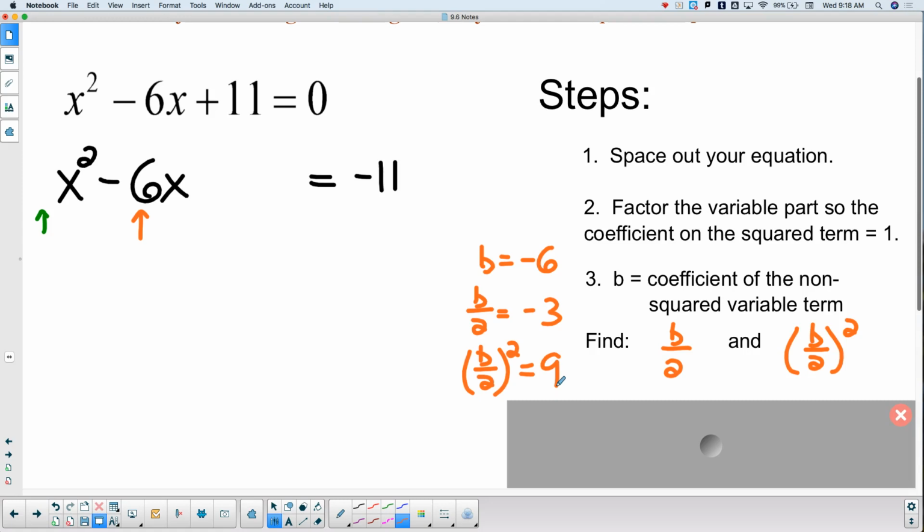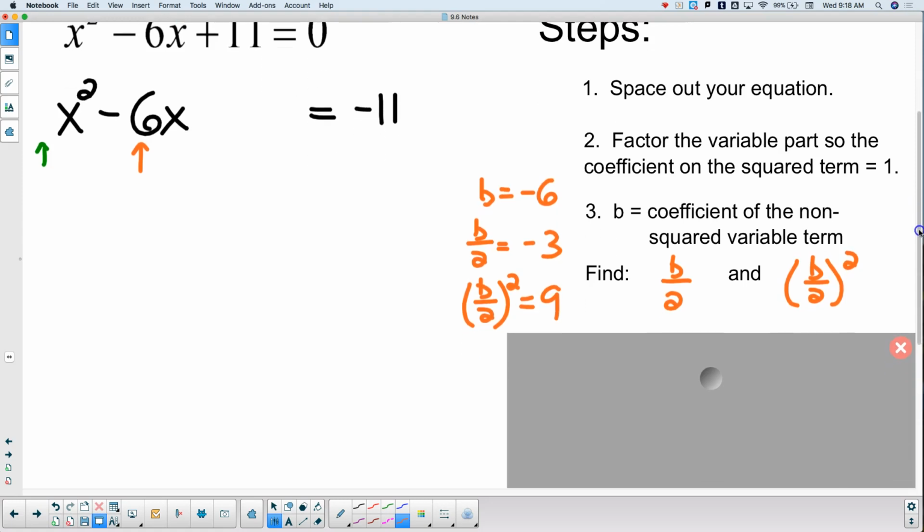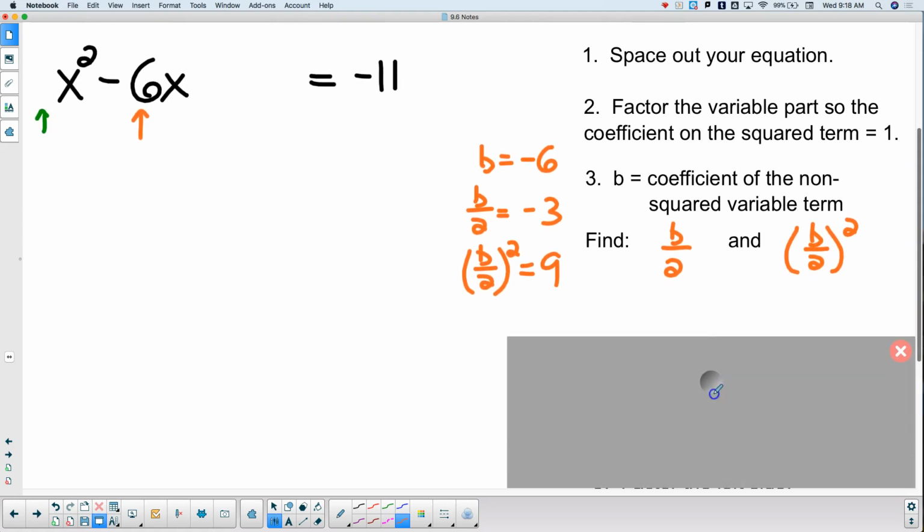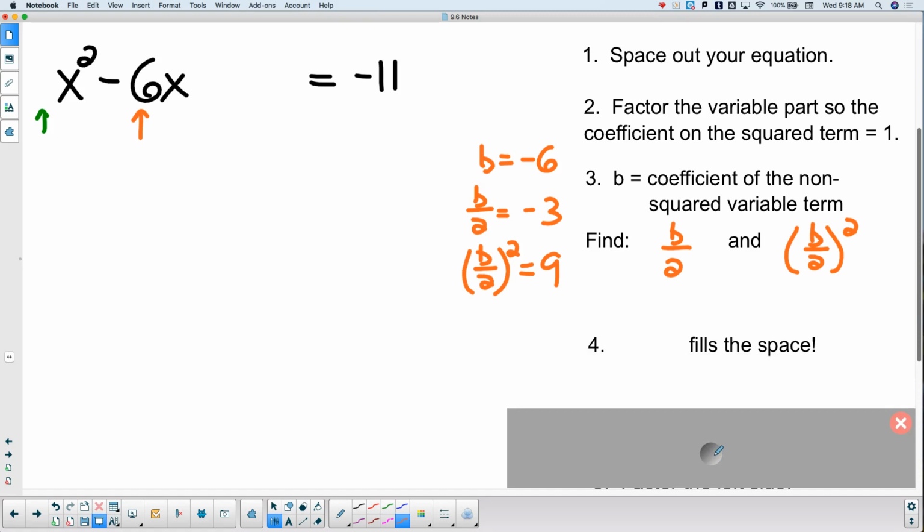The reason that you had to find those was because b divided by 2, squared, fills the space that you created. So you created a space right here, and that fills that space.